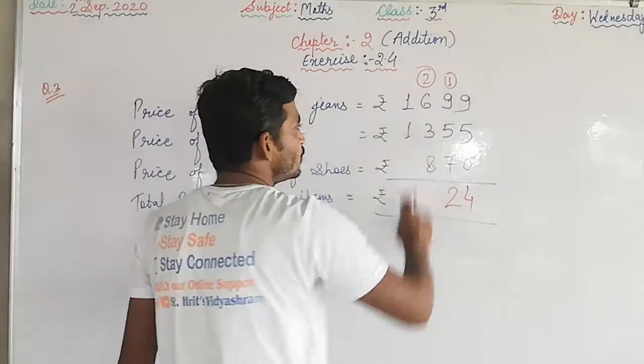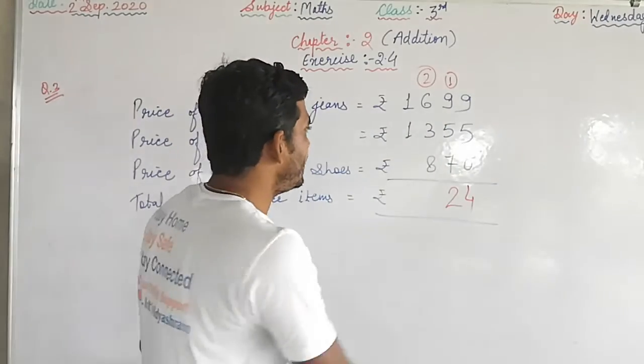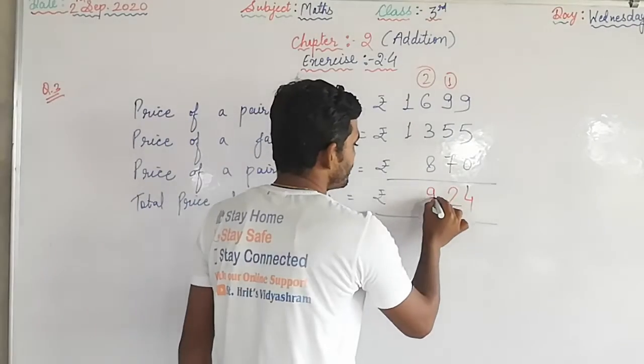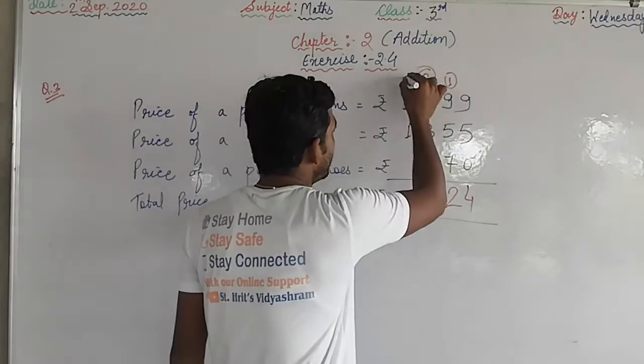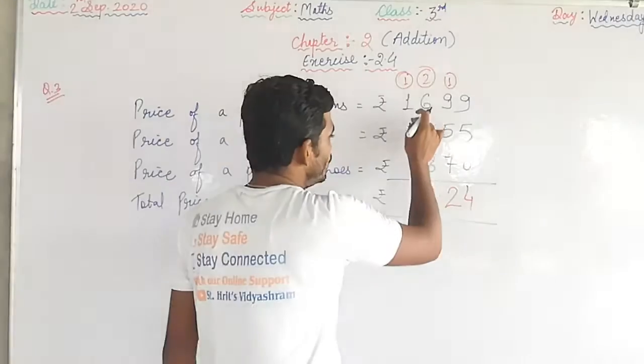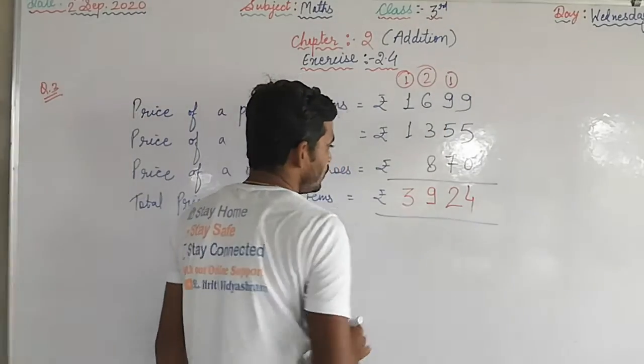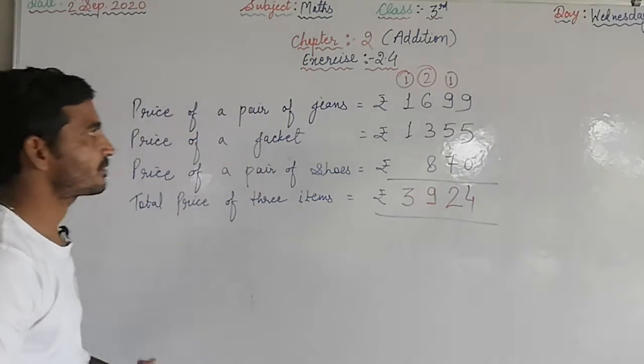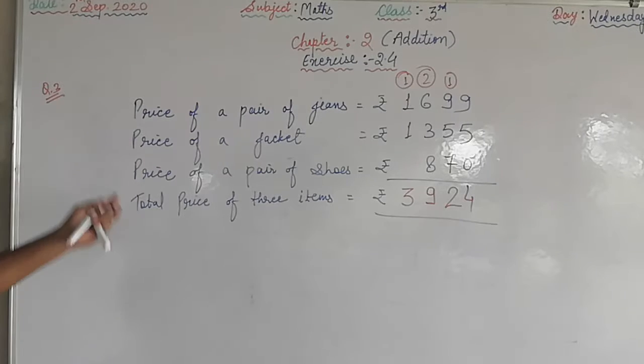Okay, 6 plus 2 8, 8 plus 8 16, 16 plus 3 19, 9 carry 1, 1 2 3. Total amount she had to pay, that is 3924. Okay, so in this way you have to complete the question number 3rd.